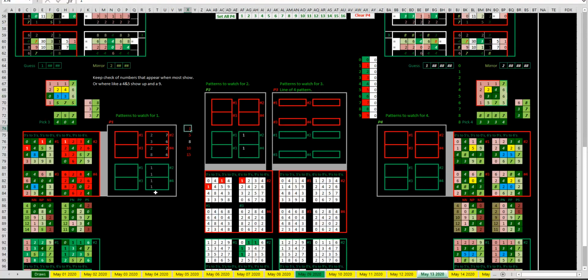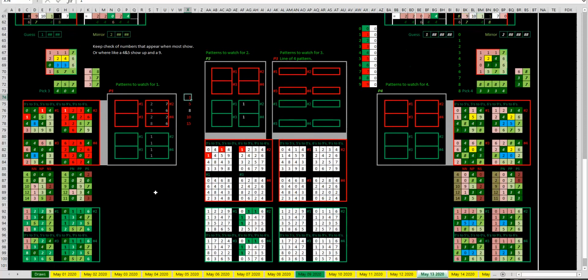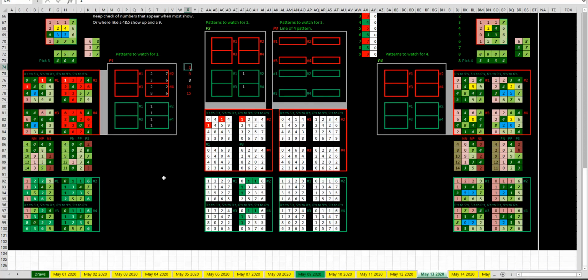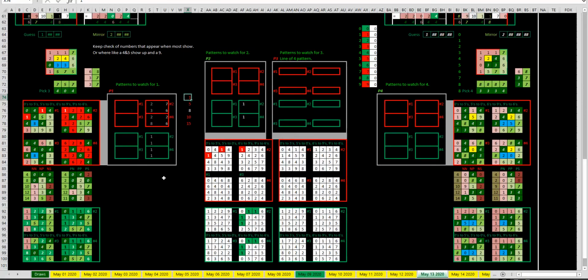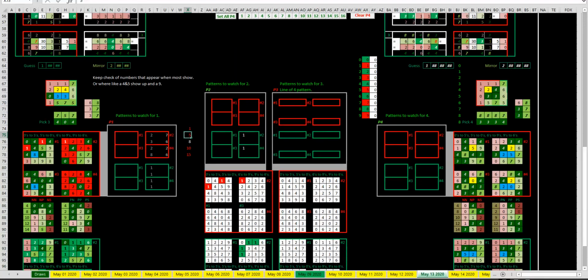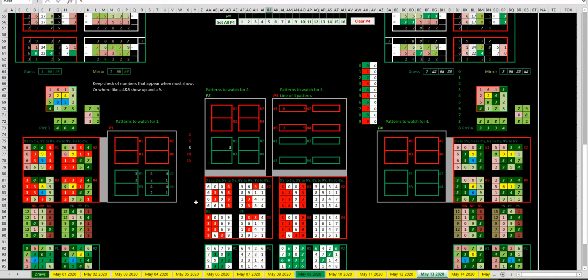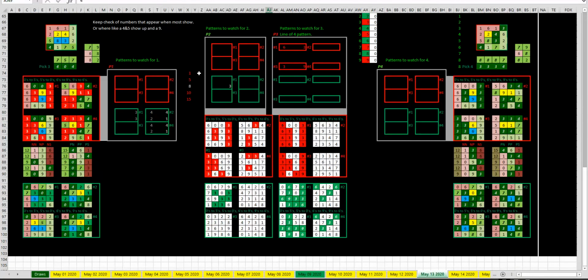And go to 404, which is on the 13th. No, that's a different pattern. And on the 13th for the 404, it showed up on pattern 5, and here it is in the same spot.